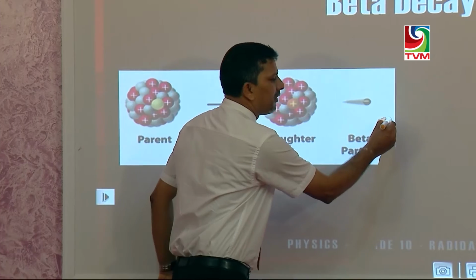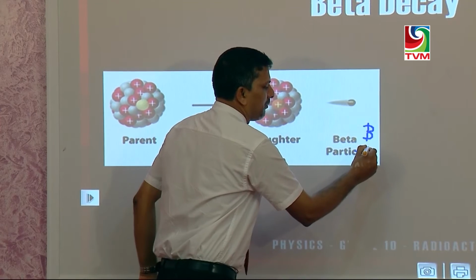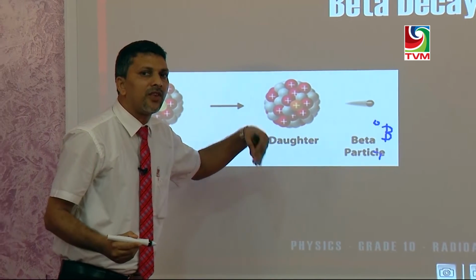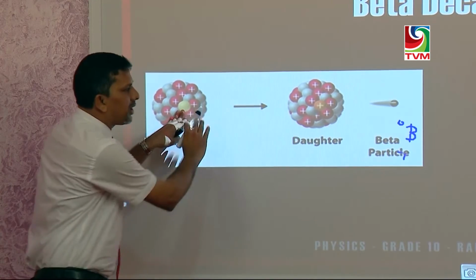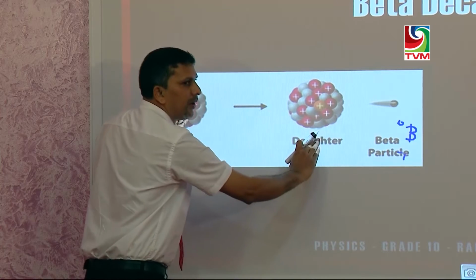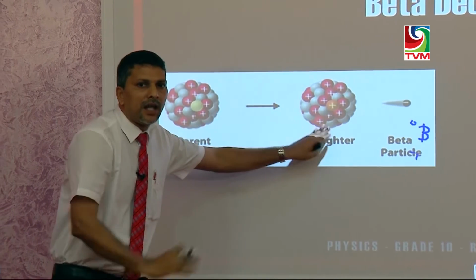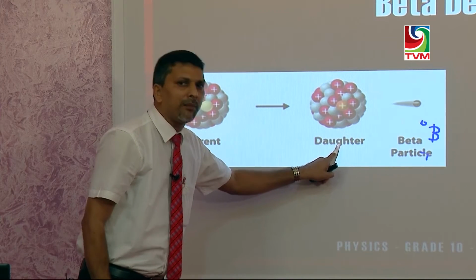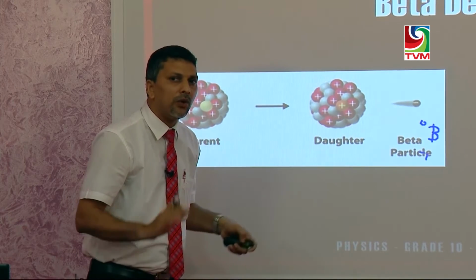Beta we can write as -1, 0. Beta is the same as a fast moving electron. From this, one beta particle is emitted. So what will happen to the atomic number and mass number of this atom? When a beta particle is emitted, the atomic number of the new element increases by 1 and the mass number has no change.